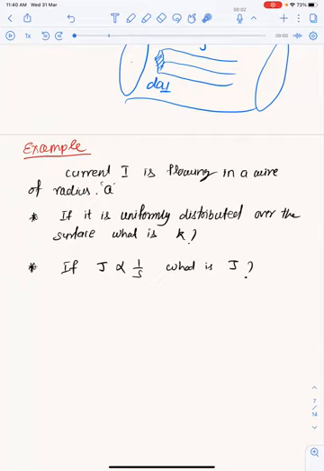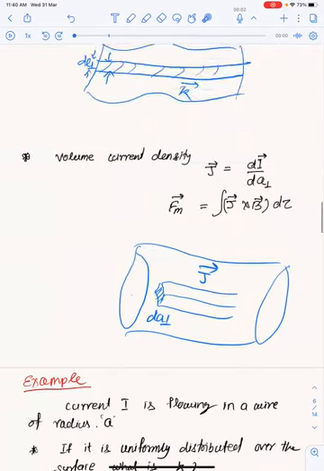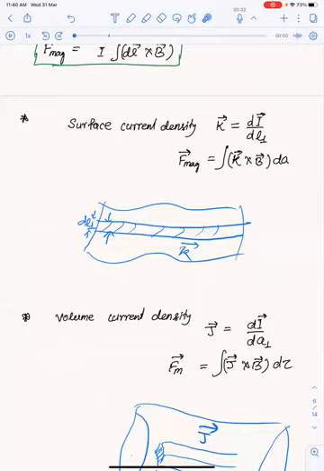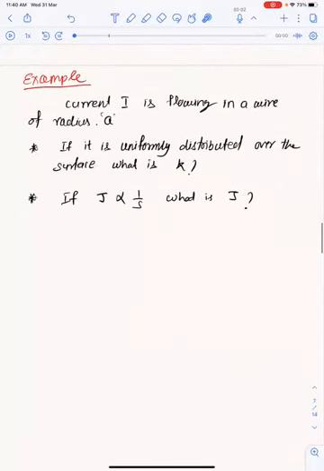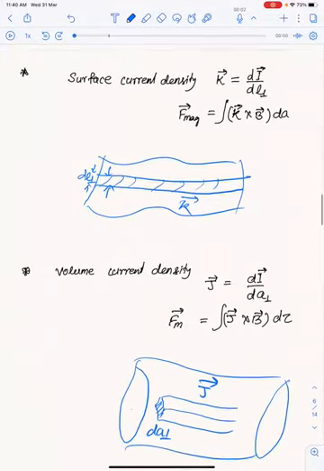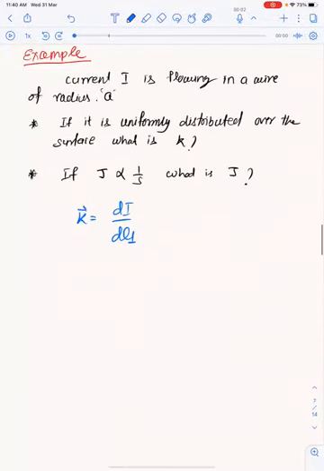The surface of the wire has a circumference of 2 pi A. Now the definition of surface current density says K is dI by dl perpendicular, and I'll put the vector sign there.